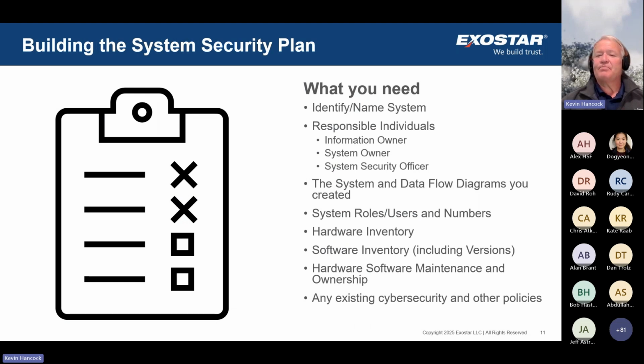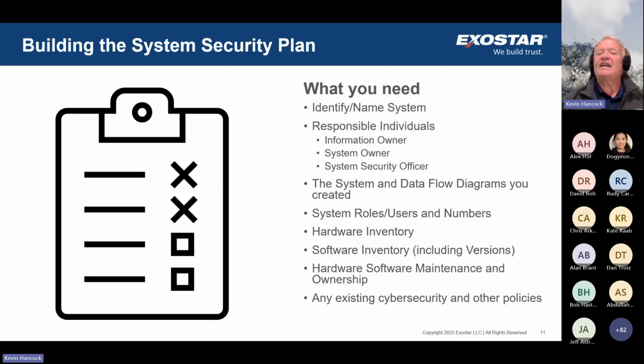That system is what is going to be the focus of this assessment, right? So when you contract with a third-party assessment organization, and when you think about the policies and procedures that you need to build around NIST 800-171, you need to think about it as that system.